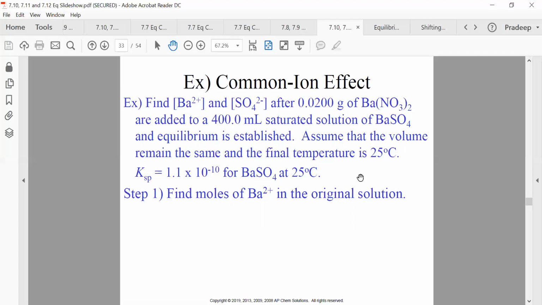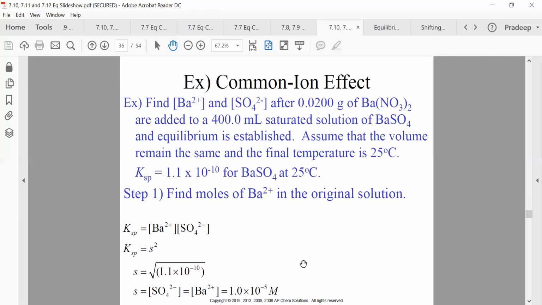So find the moles of barium in the original concentration. How will you do that? KSP is obviously given as Ba2+ times SO4 2-. So KSP is S squared. Because KSP value is given as 1.1 times 10 raised to minus 10, the S value is the square root of that.